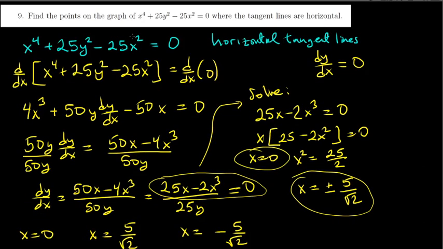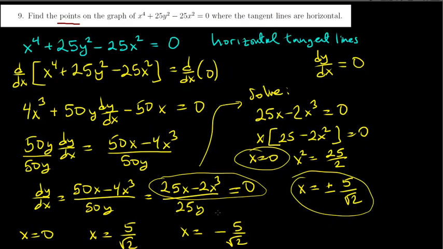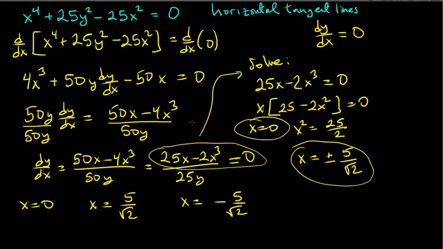But remember, we're looking for the points, right? A point is not an x. It's an x and a y. So how do we find y? Well, we plug these numbers back into the original equation. Again, we never solve for y here, but I'm going to need to write down the original equation again.